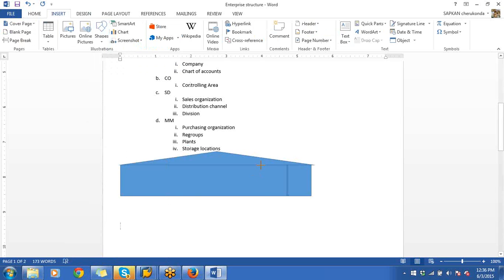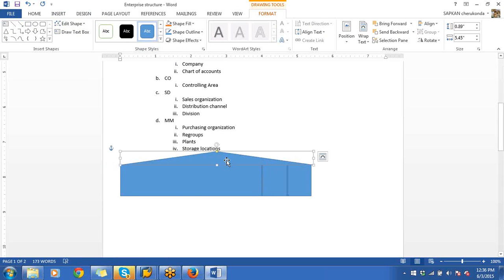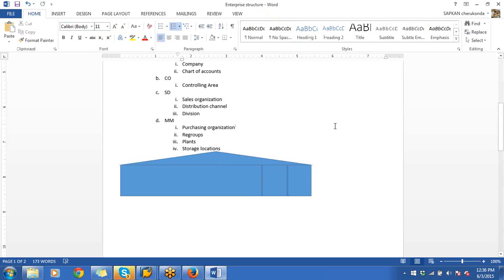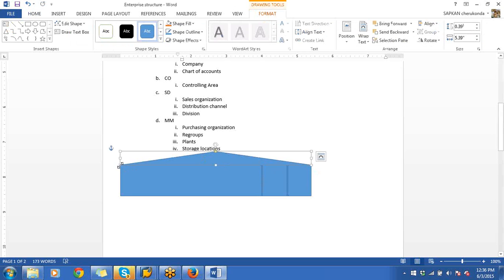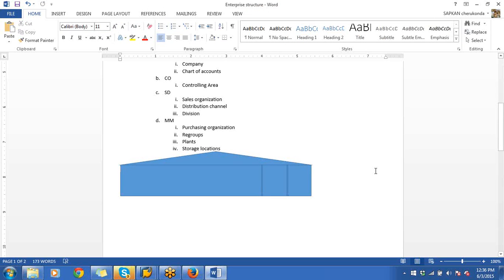Storage location 2. This plant is 1000. This storage location is 001. This one is 002. Room 1, room 2.